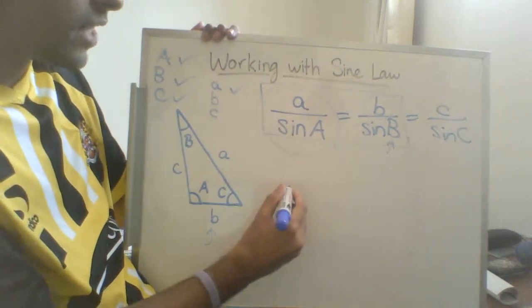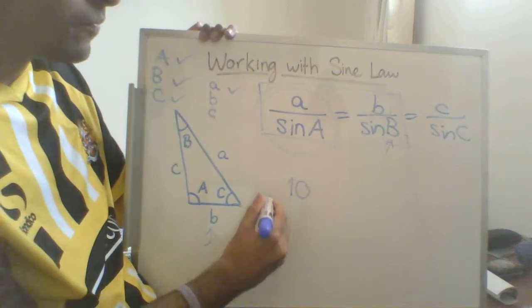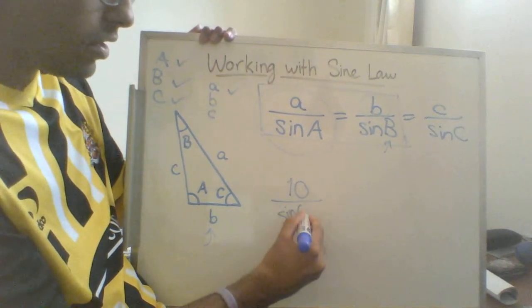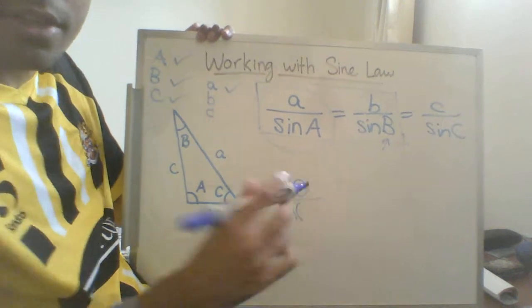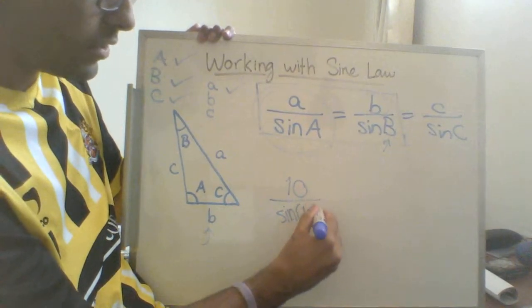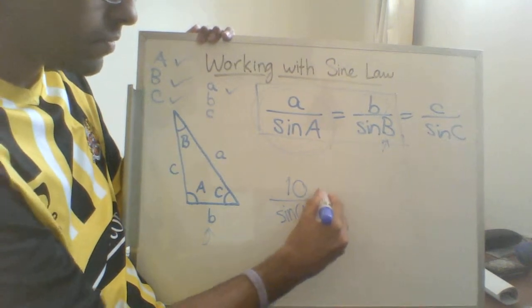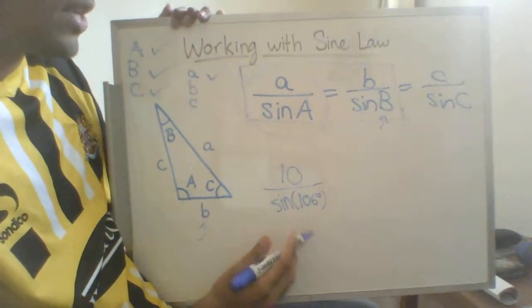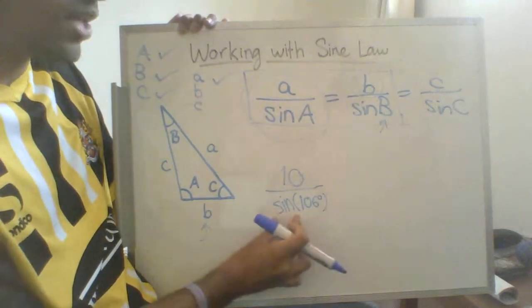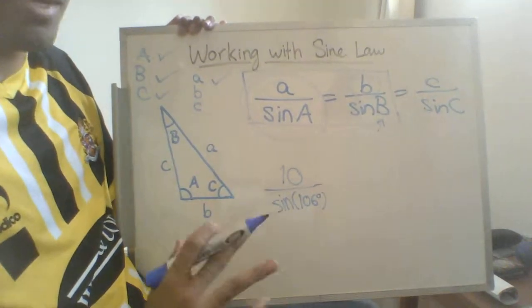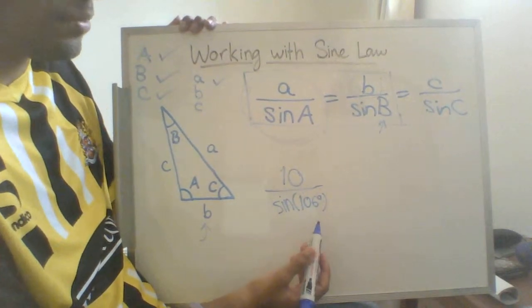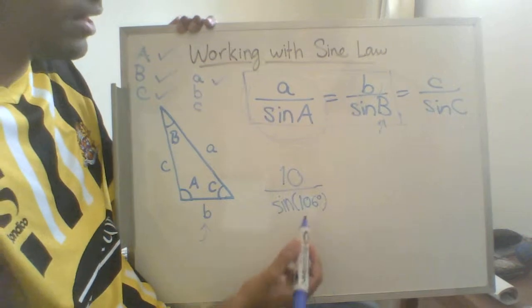So side A is 10 centimeters over sine of 106, did I say? Yes, 106. Sine of 106 degrees. So 10 divided by sine 106. This right here, sine of 106, is just a number. Sine of whatever is just a number. Okay, so 10 divided by some number, I don't know exactly what it is because I don't have a calculator on me.